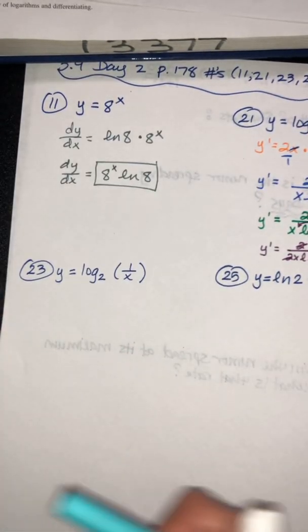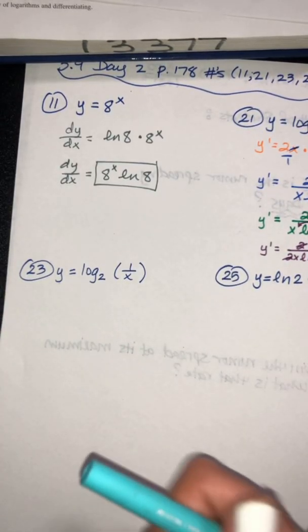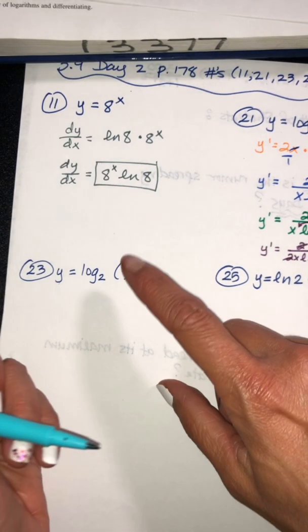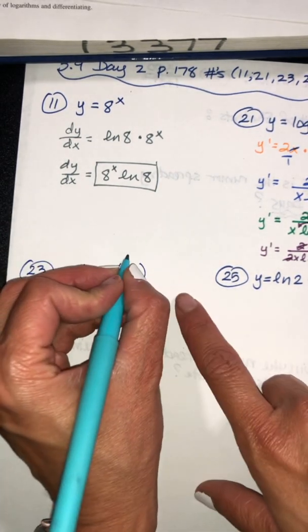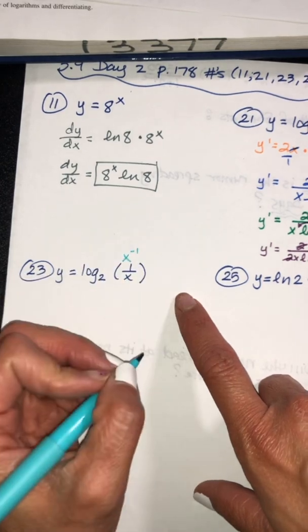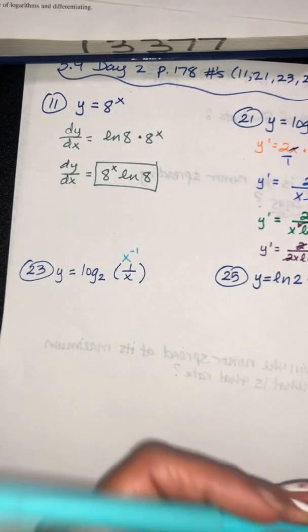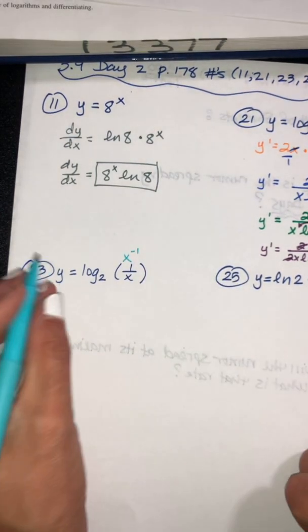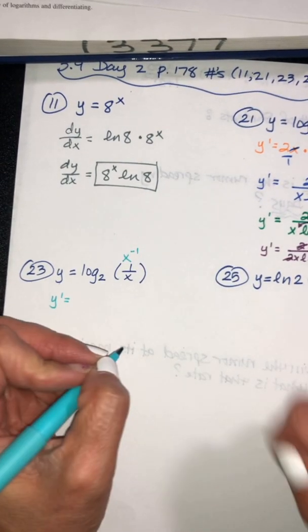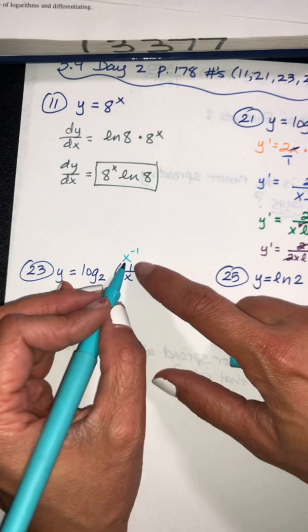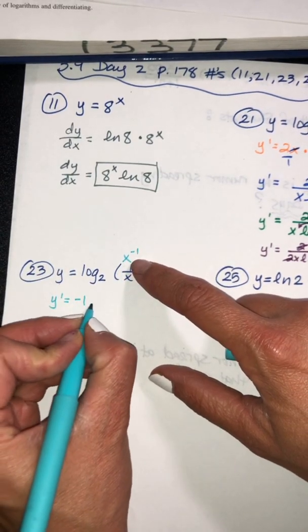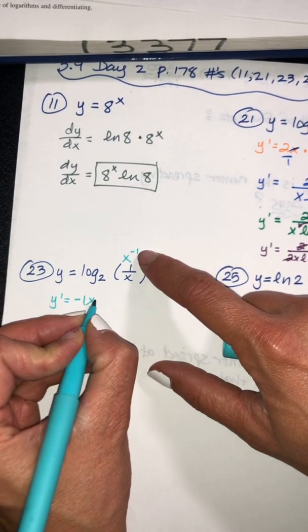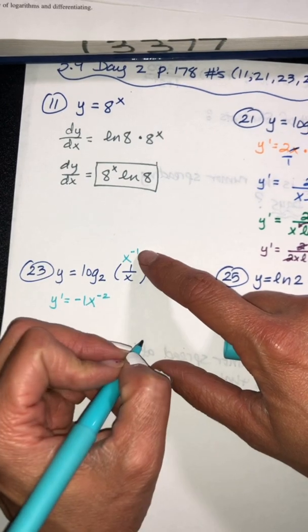All right, number 23, y equals log base 2 of 1 over x. We're going to have to take a derivative of that, so it's helpful when we undrop it like it's hot. So that's the same as x to the negative 1 power, because we are going to need to take the derivative of that to find dy dx. So the derivative of x to the negative first would be a negative 1x, and then we have to subtract 1, so that would be negative 2.